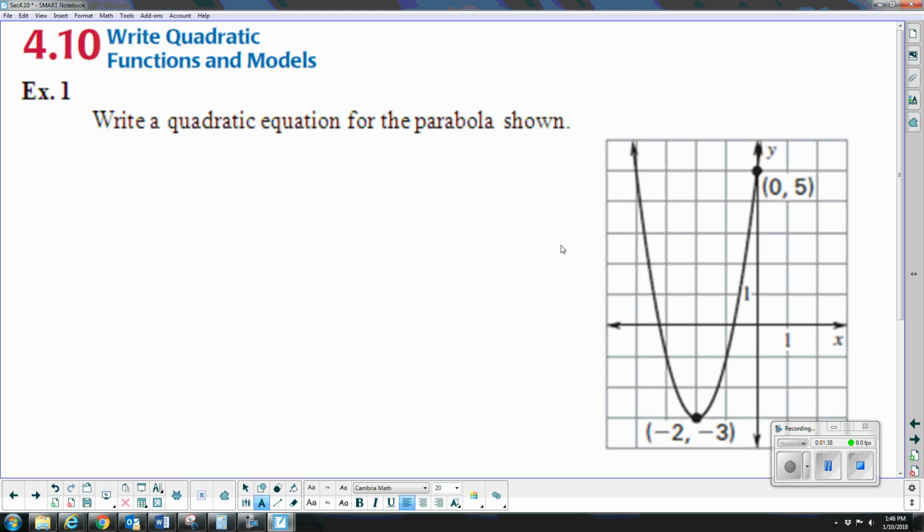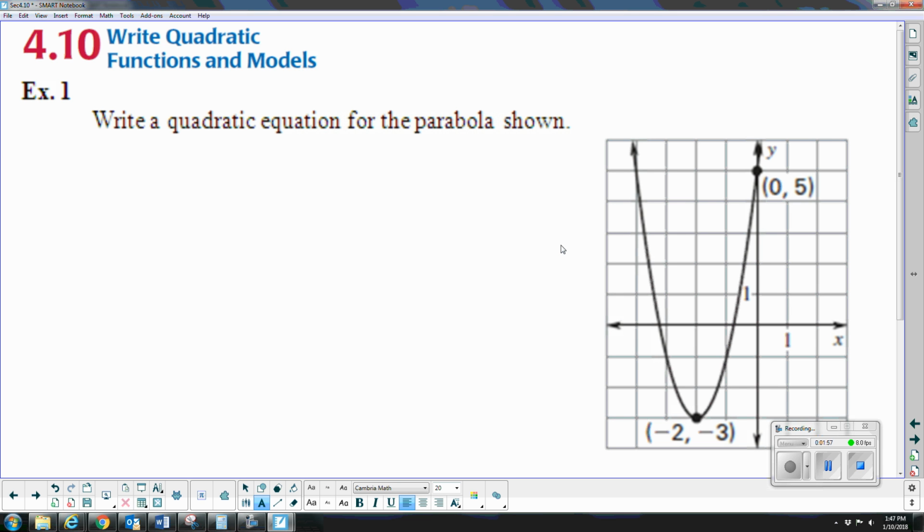Looking at this graph, the question is to write a quadratic equation for the parabola that's shown. Well, if you look at the graph, you can see that you have 2 points. You have the vertex, and then you have another point.